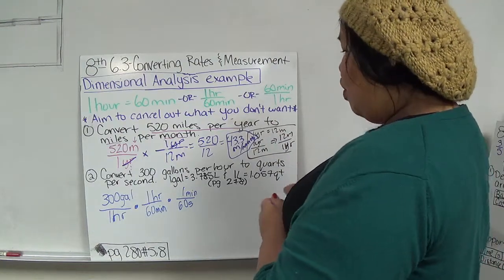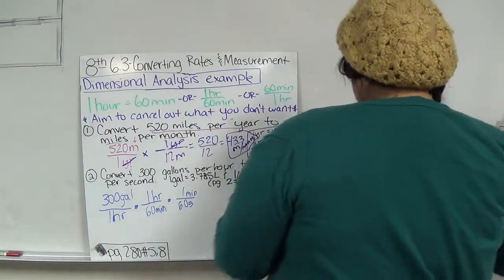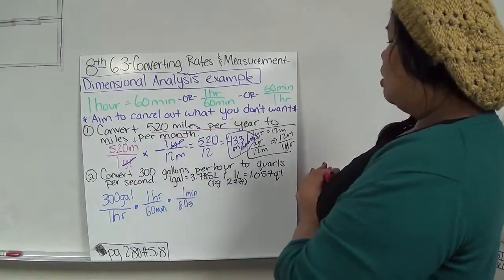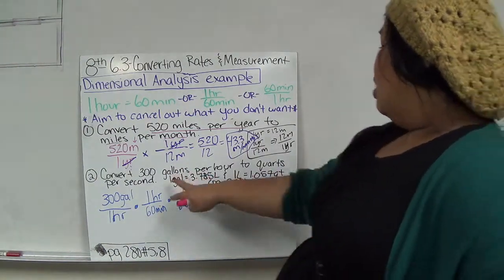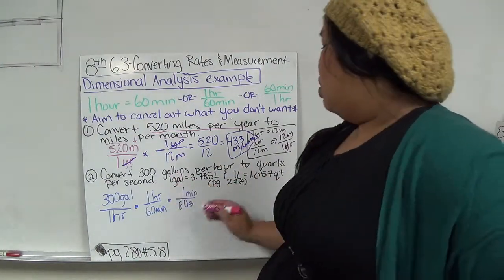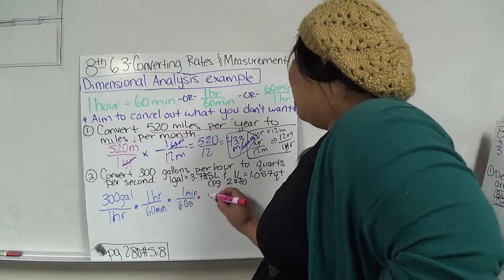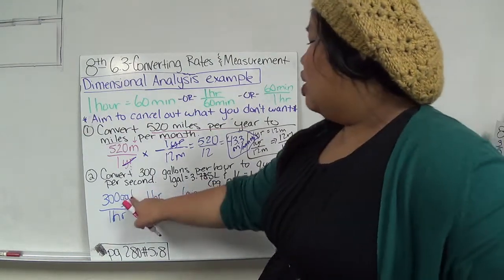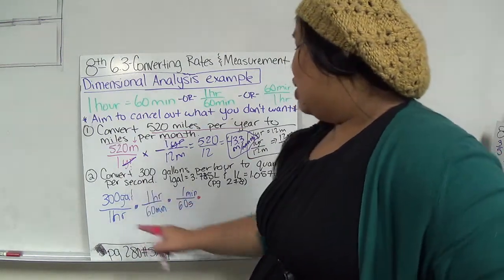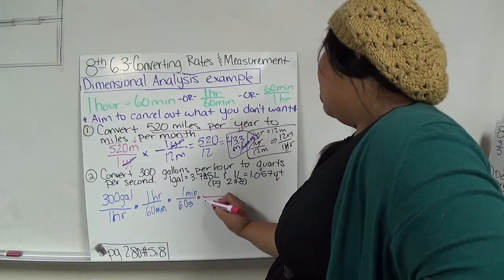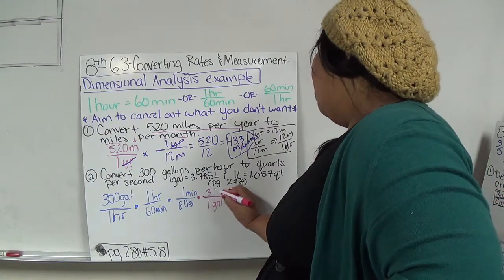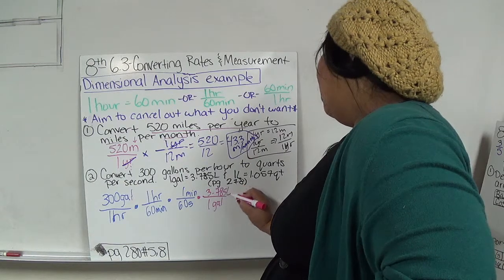So I've converted my hour into seconds, but now I want to convert my gallons into quarts. Now in your book on page 278, there's not a straight gallon to quarts, but there's gallons to liters and then liters to quarts. So we have to do the same thing that we do here. I'm multiplying 1 gallon, and because gallon here is on top, it doesn't matter if it skips, it still will cancel out. I want the gallon on the bottom here. So 1 gallon is 3.785 liters.